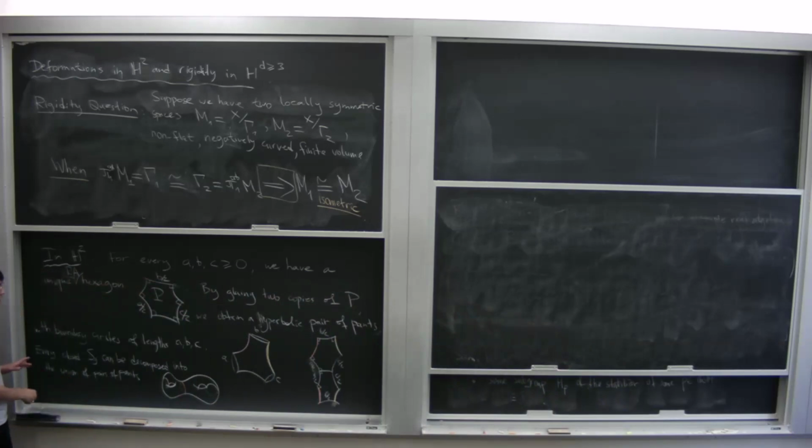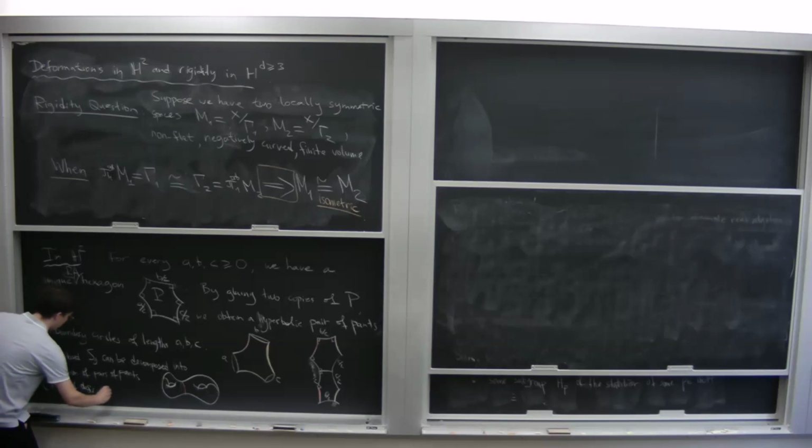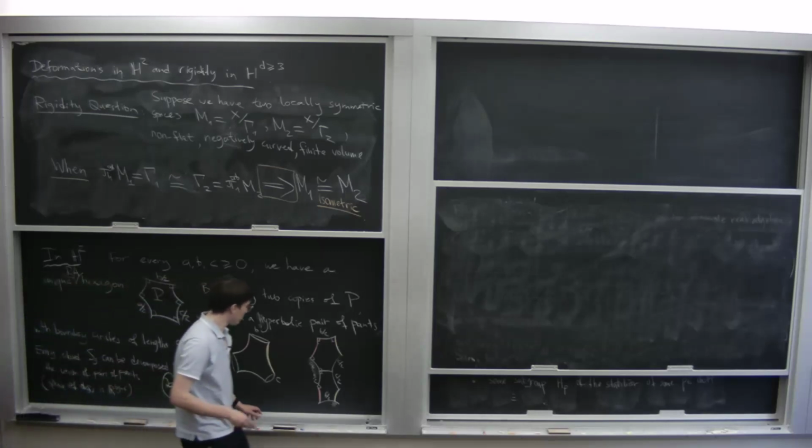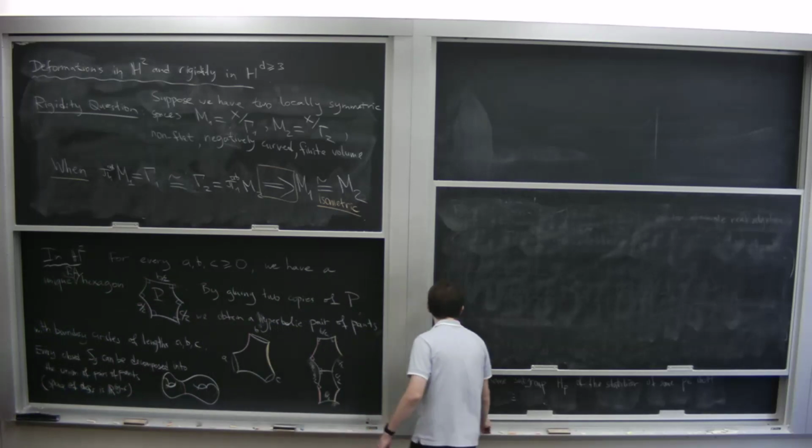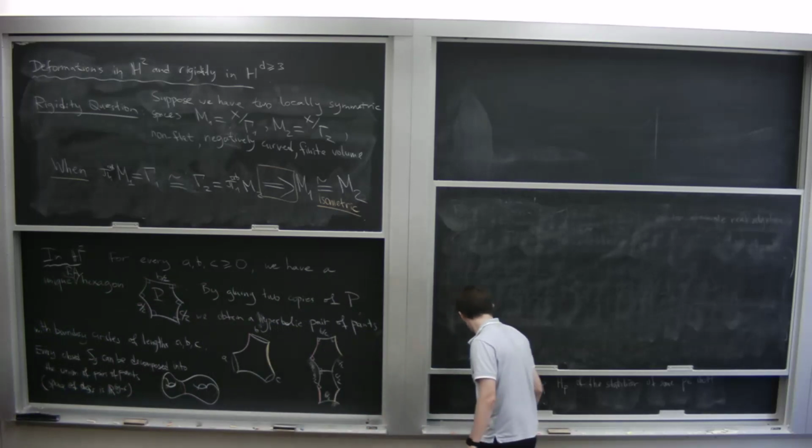So let me remark that the space of deformations is homeomorphic to R^(6g minus 6), right? At least we see that it's really large.